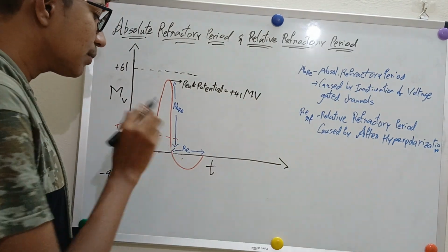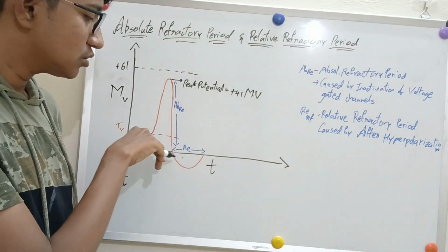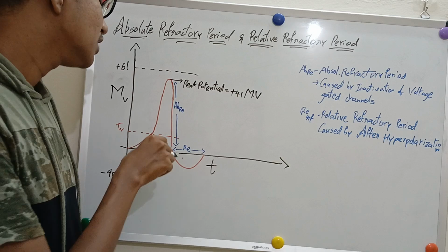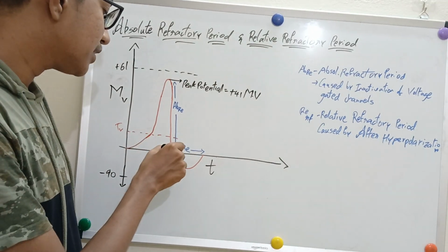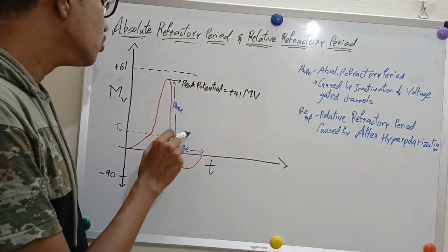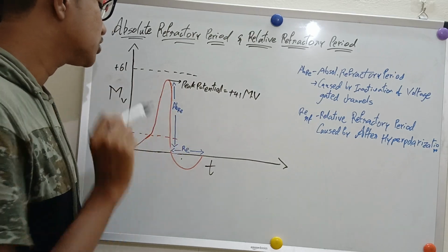But the membrane potential doesn't stop at resting membrane potential, it falls down. This is after hyperpolarization, where it goes into negative values. When you give a stimulus at this point, it requires more stimulus, more voltage to reach threshold voltage.